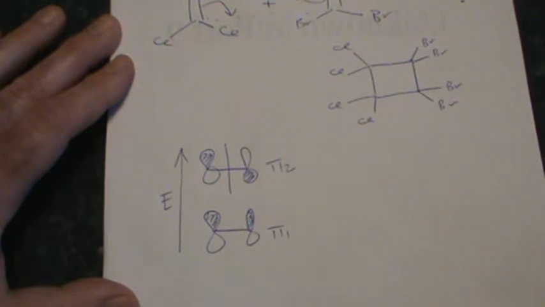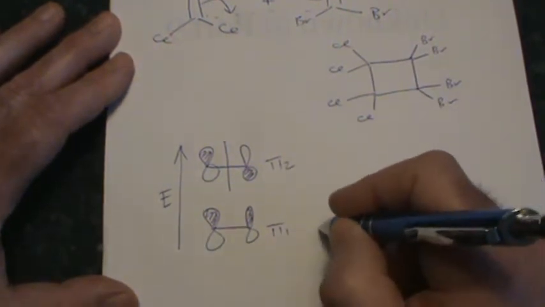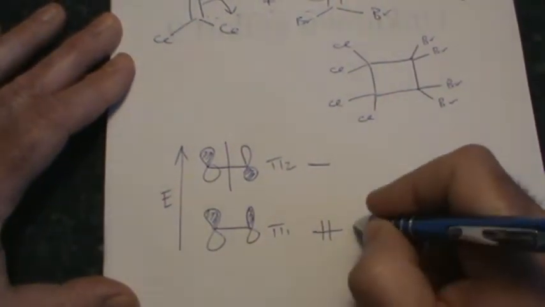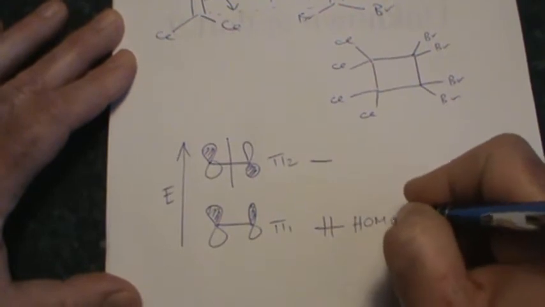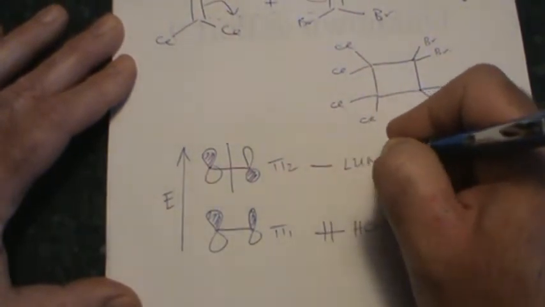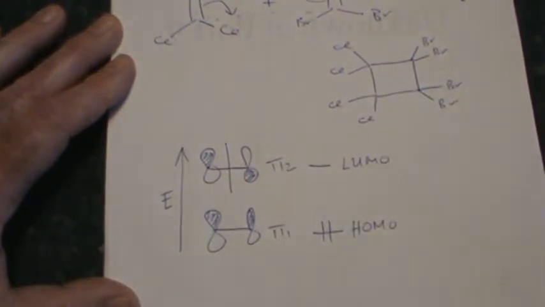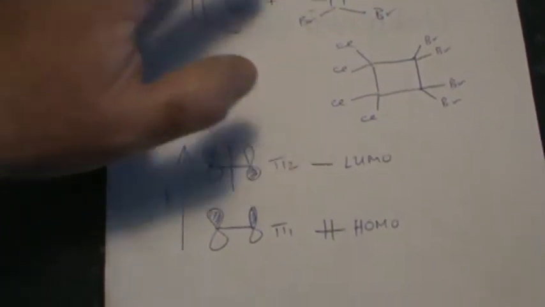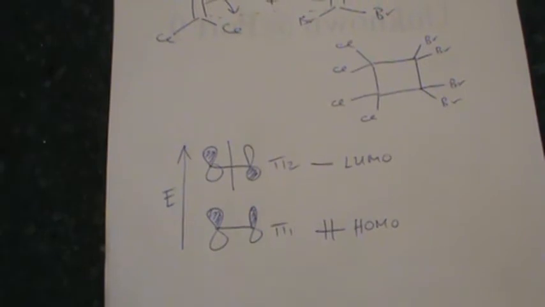And for each of these species, there's two pi electrons involved. In other words, pi 1 would be occupied, but pi 2 would be unoccupied. Pi 1 is therefore the highest occupied molecular orbital, and pi 2 is the lowest unoccupied molecular orbital. This is going to be the same for both species, because they're both ethylenes.